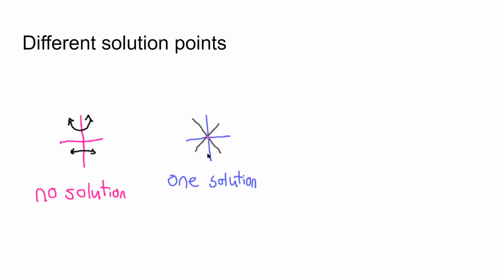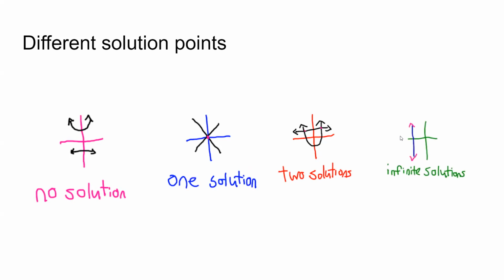The second is one solution, like this, where they only intersect once. You can have two solutions, like here, where they intersect here and here. Or you can have an infinite amount of solutions where they are all the same.